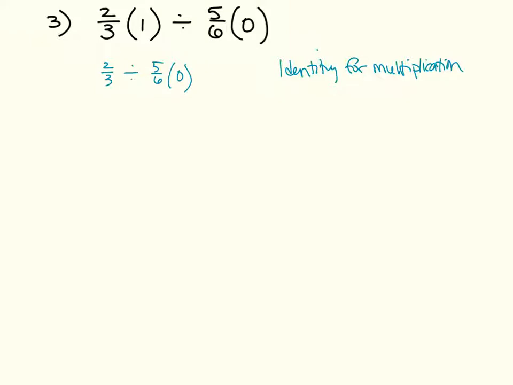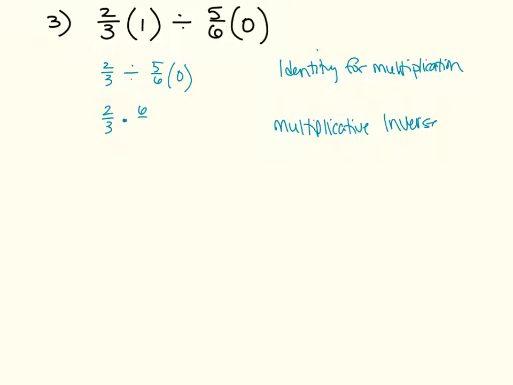All right, so let's go ahead and perform the multiplicative inverse property in order to change that division to multiplication. And when we do that, make sure you take the inverse of the next fraction.